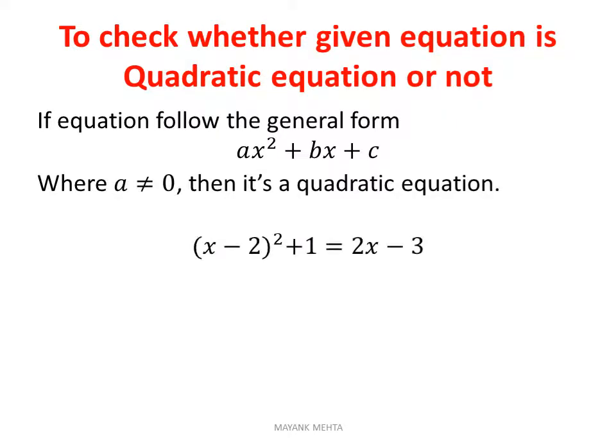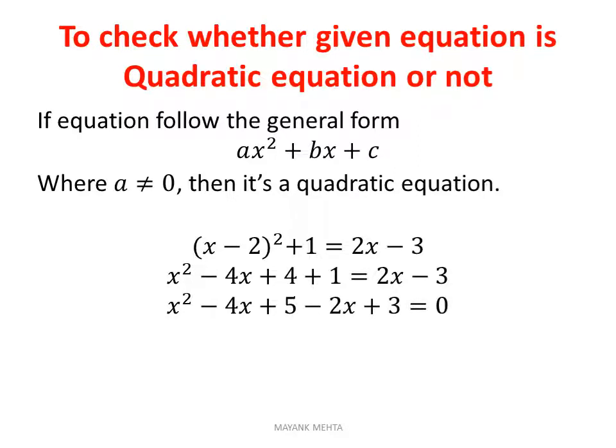So x minus 2 whole square plus 1 is equal to 2x minus 3. You want to check whether this equation is a quadratic equation or not. Then what you will do, you will simplify this and check whether it is following the standard general form or not. x minus 2 whole square, that is x square minus 4x plus 4.